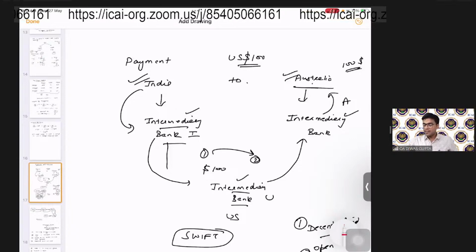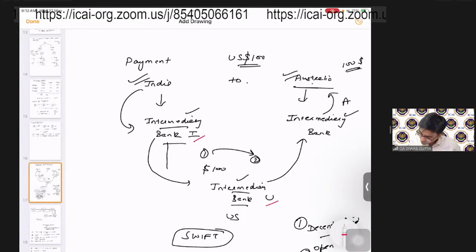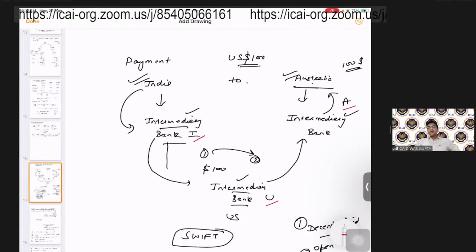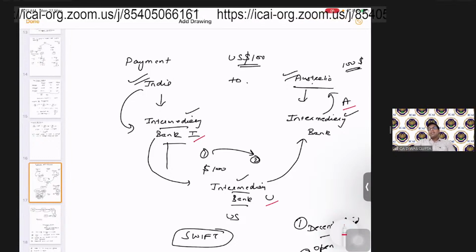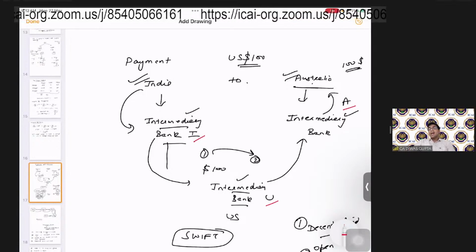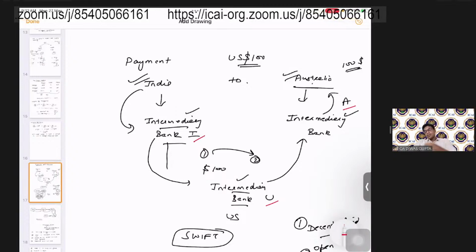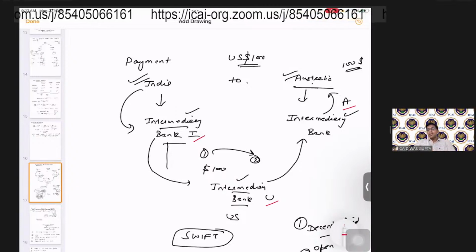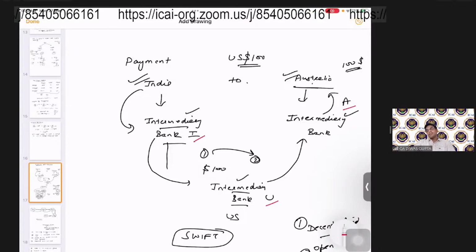For ease of reference, I have mentioned I, U for US and A for Australia. So the India company will instruct the intermediary bank I to pay $100 to the Australian company's bank, right?